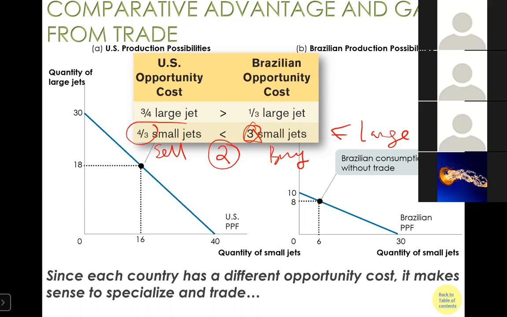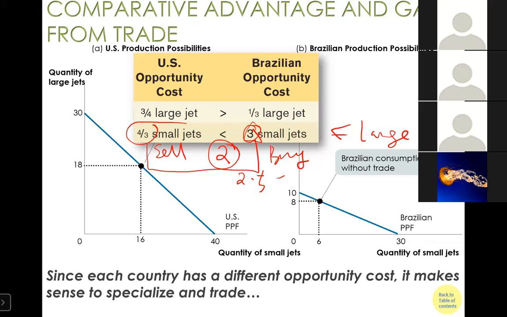So now the final question is: yes, this 2 is going to make everyone happy, but it seems like there's a big range of international prices that would make both happy. For example, if this is 2.5, it makes American even happier but makes Brazil less happy, right? Why?